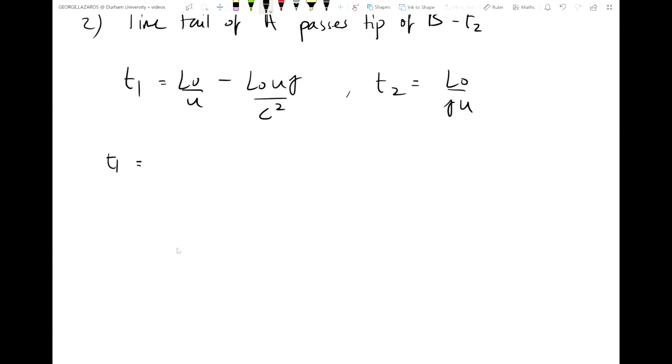T1 can be rewritten in the following way. And now this factor here, γ minus γ² u² over c², through long algebra and substitution of β equals u over c, can be shown to be equal to this.